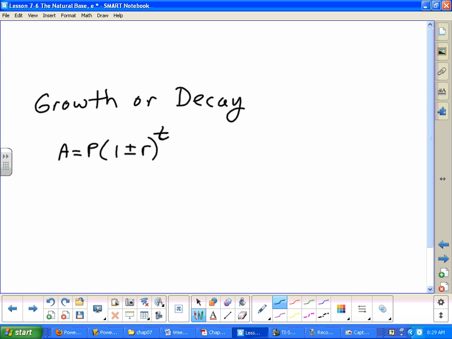So that's something that's compounded annually, okay? It's not monthly or daily. So compound growth or decay looks like that.